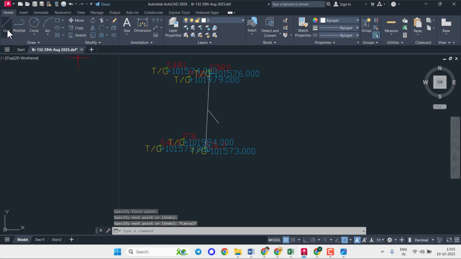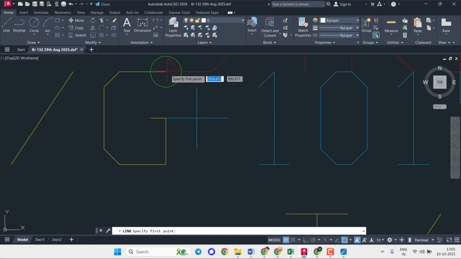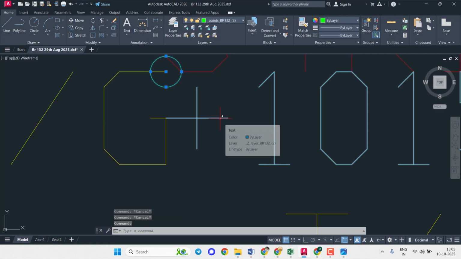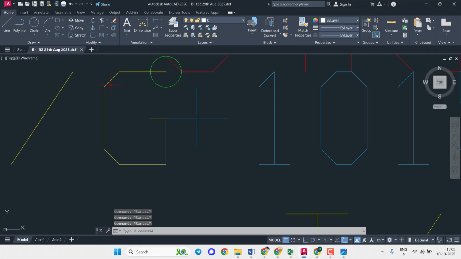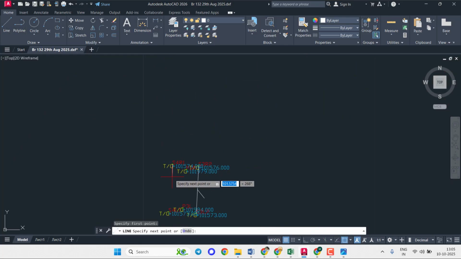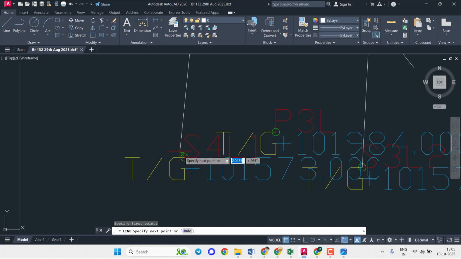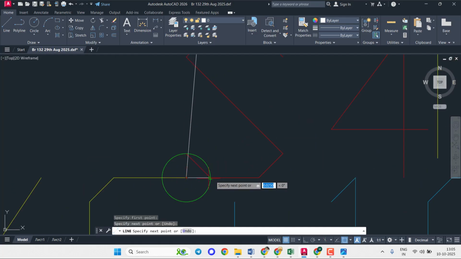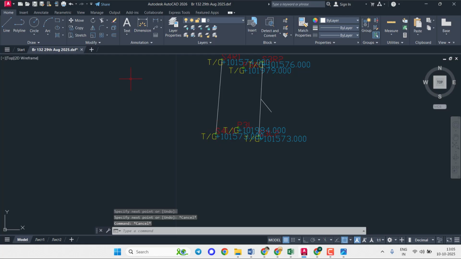Alright. Sometimes it so happens that AutoCAD does not respond properly, so you have to try again.